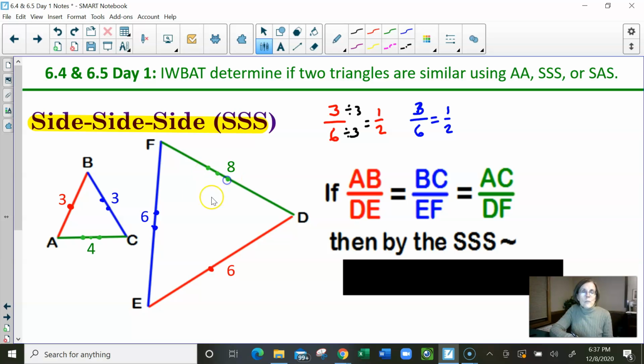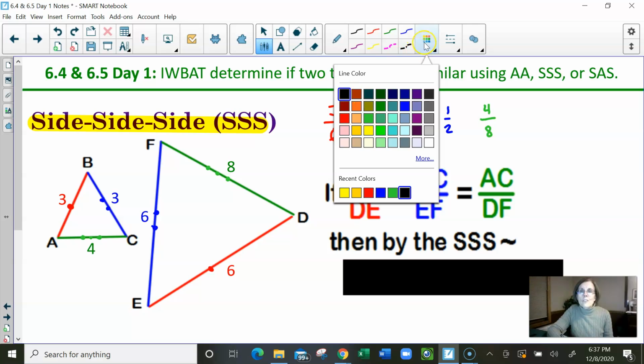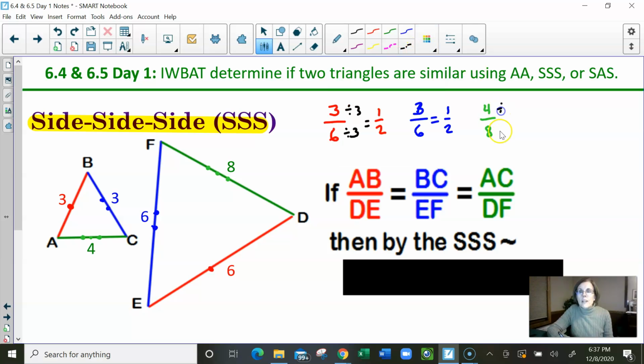Notice again, we talked about this in class, that I am using these with dots instead of tick marks because tick marks mean the sides are equal in length. These are not equal, but I want to still show which ones correspond to each other. So the length of AC is 4, the length of DF is 8, and if we reduce that ratio, I can divide top and bottom by 4.